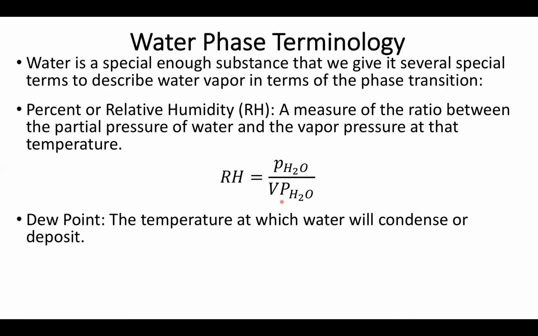Well, as the temperature drops, we also would expect the vapor pressure to drop and the relative humidity essentially increases. Eventually it's going to increase to the point where it's at 100%. At this point, the air can't hold any more water, so it's either going to condense or deposit on a surface. Condense if it's above 0 degrees Celsius, deposit or form a solid if it's below 0 degrees.